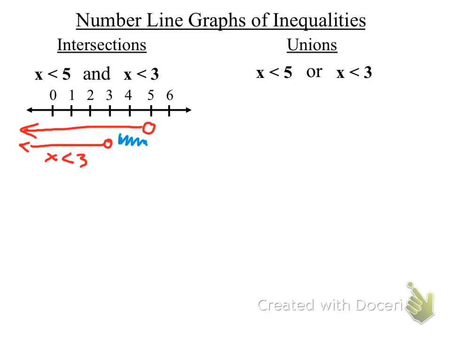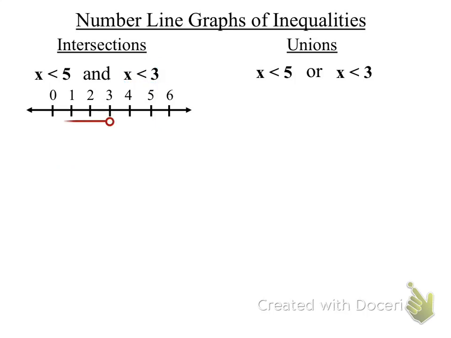Oh. So it's the 3, because this one, x is less than 3, covers the area where both intersect. Do you understand? So x is less than 3 is a good statement to describe that intersection.